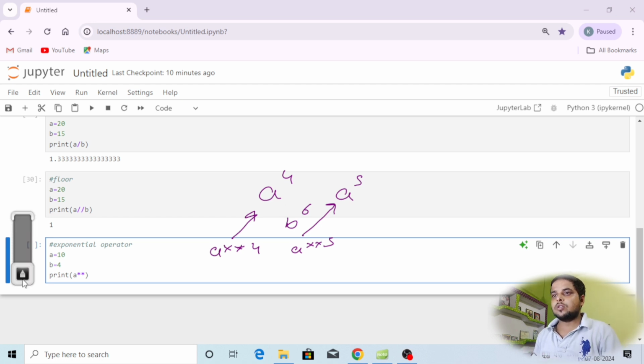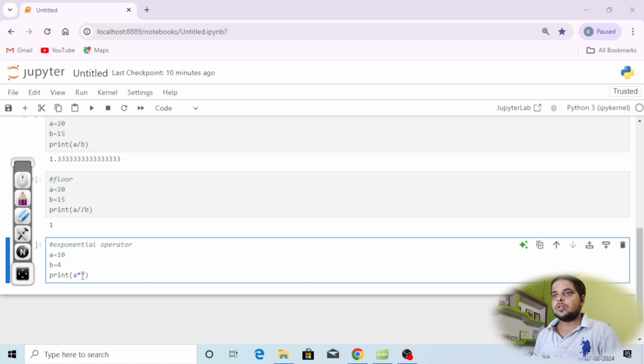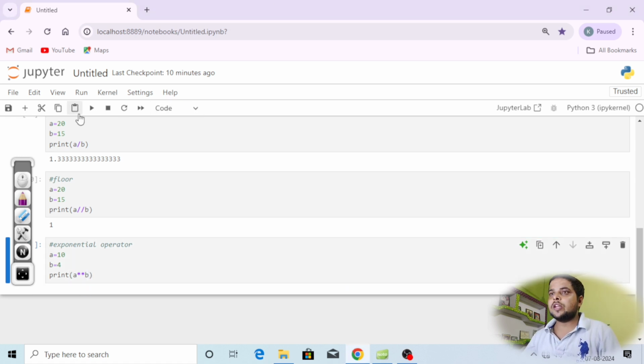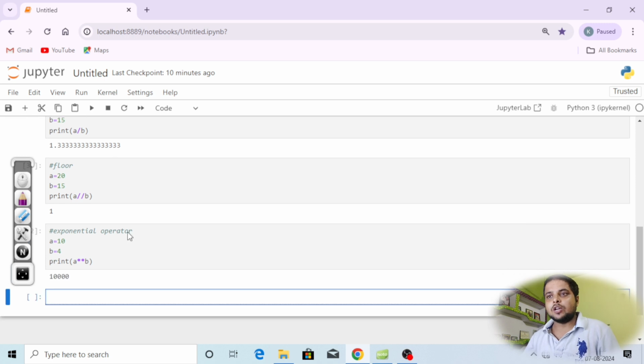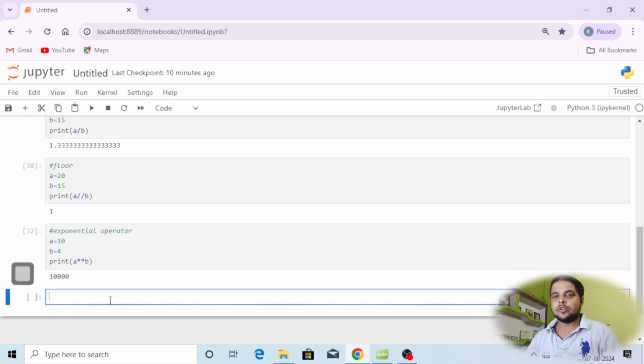So print A star star B. Now what is the output? 10 to the power 4, which is 10,000. Is that clear? Very good.